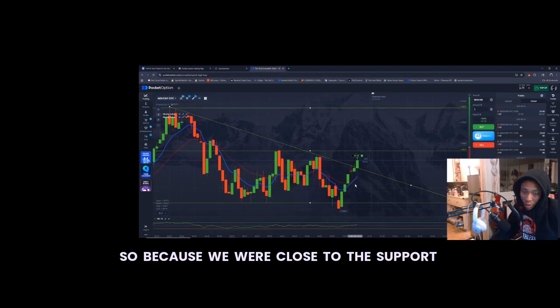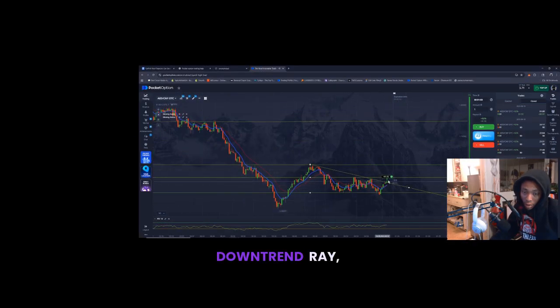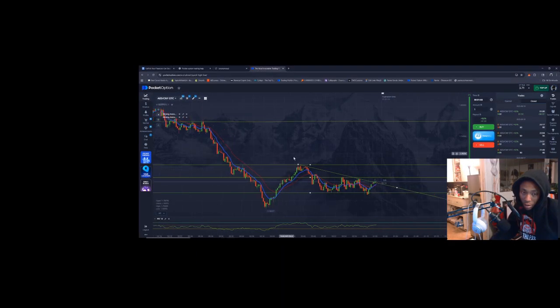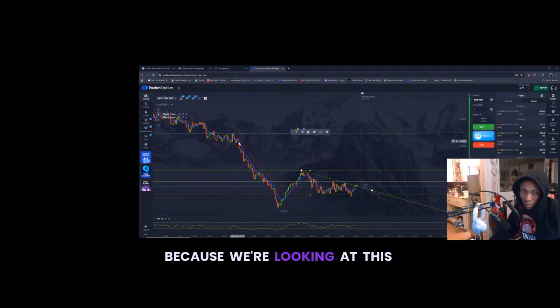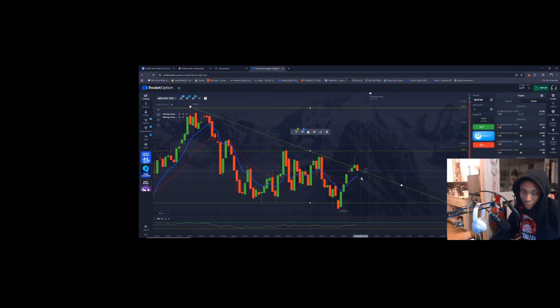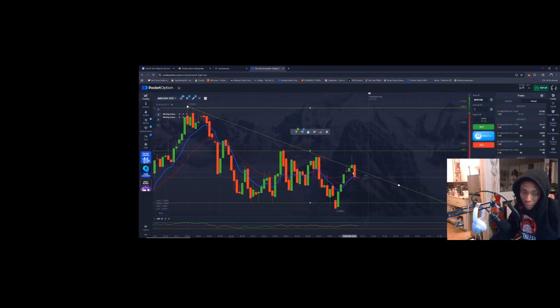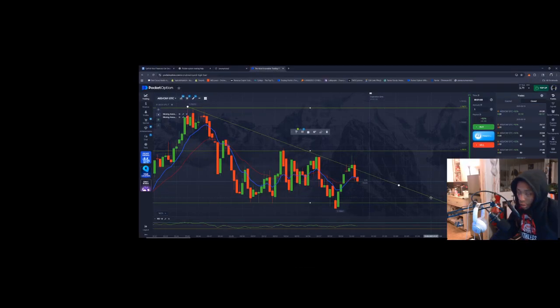Because we were close to the support and it's going past our downtrend ray, because it's predicted to go down, because we're looking at this huge downslope and then the spike, and then here's a period of consolidation. So we'll just observe and see if it keeps following this line going downward.